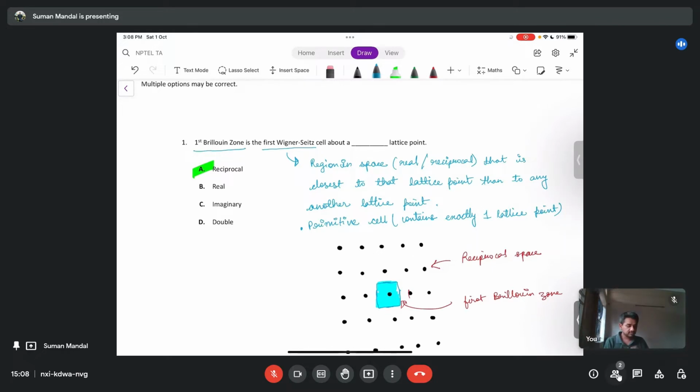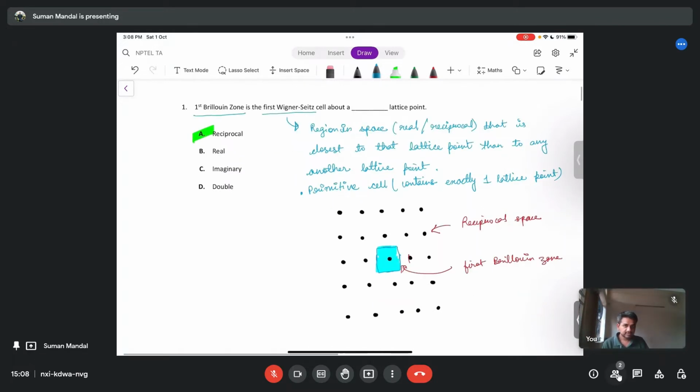So the answer to the first question is reciprocal. We'll move on to the next question now.